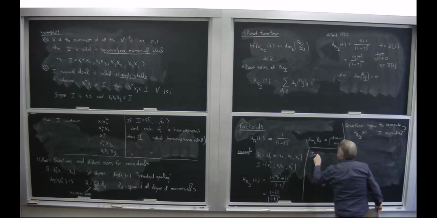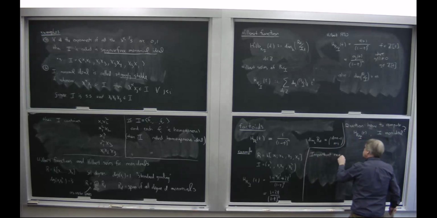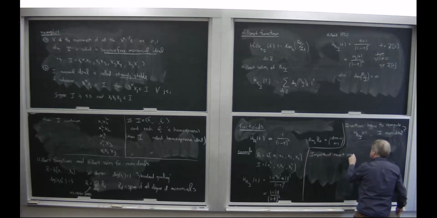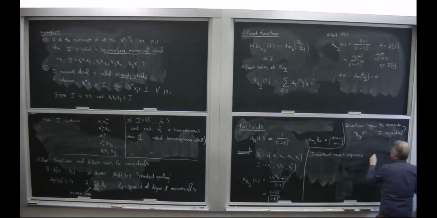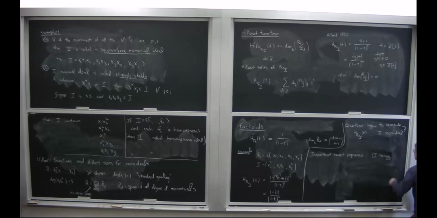Here's an important exact sequence. This is true for any I homogeneous, and F homogeneous of degree D. Okay, but we're going to mostly use it for monomial ideals and monomials.